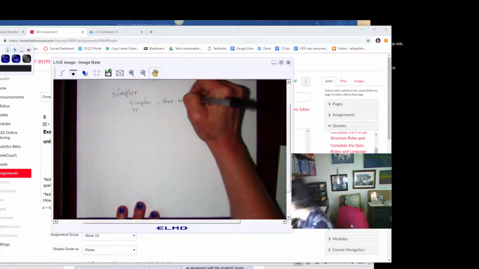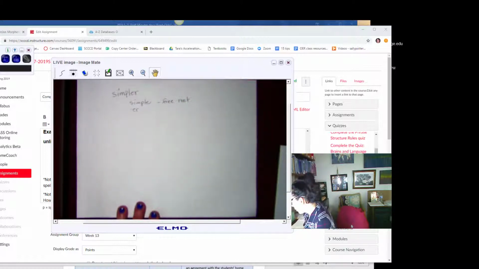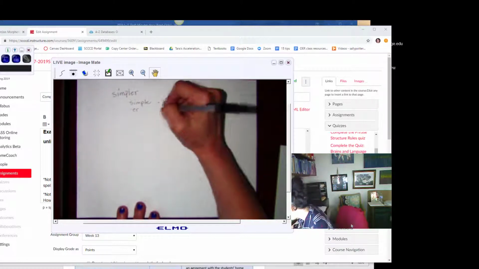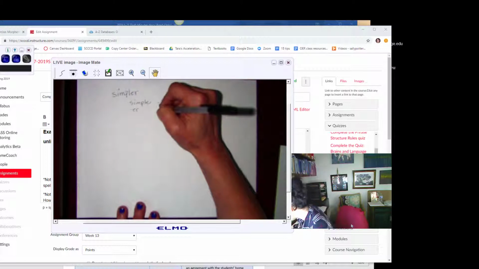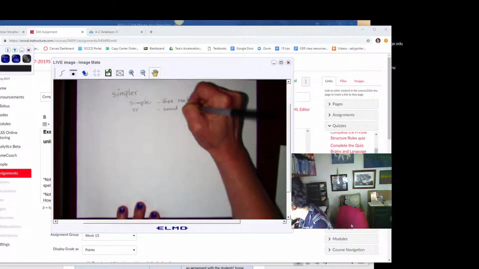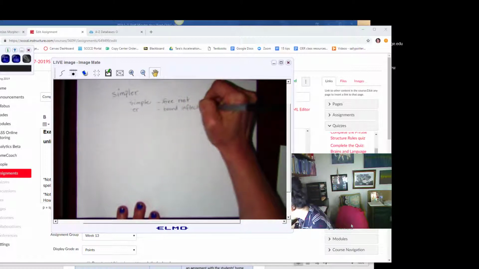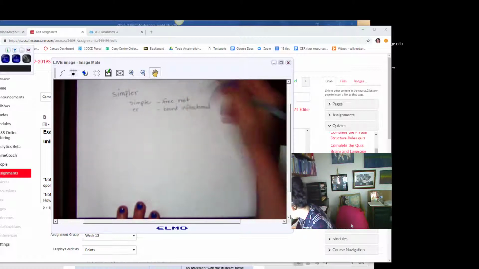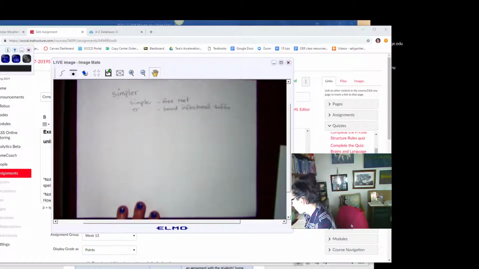It can be a word by itself, and then the ER in this case is one of the 8 inflectional suffixes, so that is called a bound inflectional suffix. And that's all we have to do for simpler.